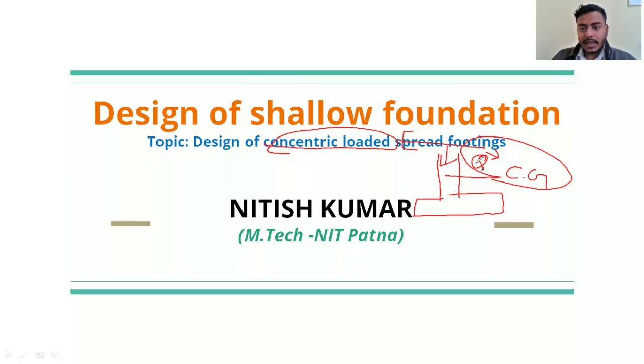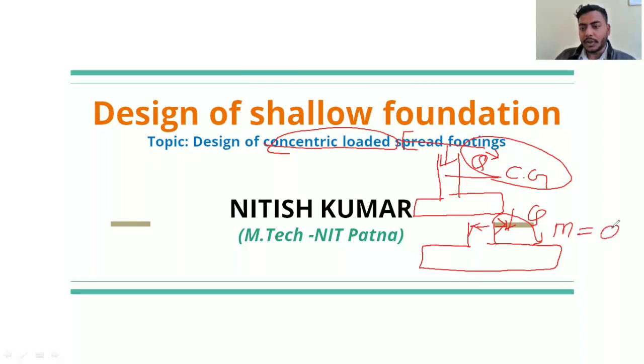And suppose this Q does not coincide with the CG, it is somewhere else, like here, Q is coming here. So you will get some eccentricity, and this load we can call an eccentric load. In this case, an extra moment will come, Q into E, right?